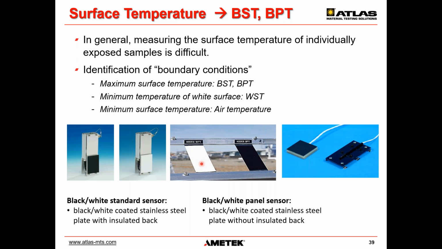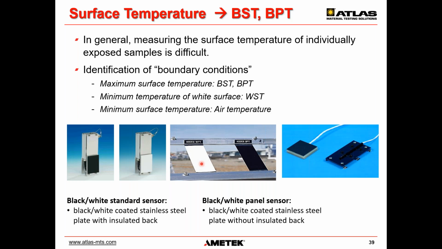Unfortunately, there are two different types of black standard sensors defined. The so-called black panel sensor is a black painted metal sheet without insulation on the backside. And the black standard sensor is very similar, but it has a polymer insulation on the backside, so it shows a little bit higher temperatures compared to the black panel.